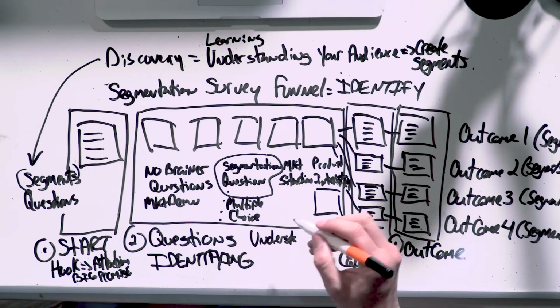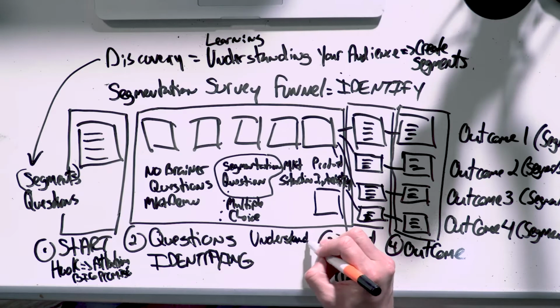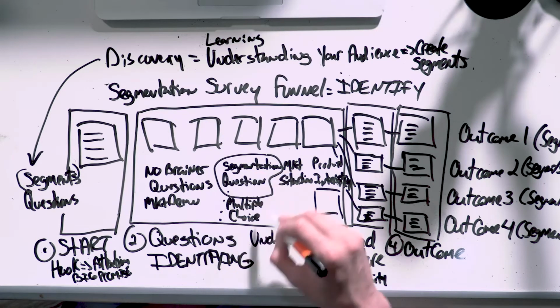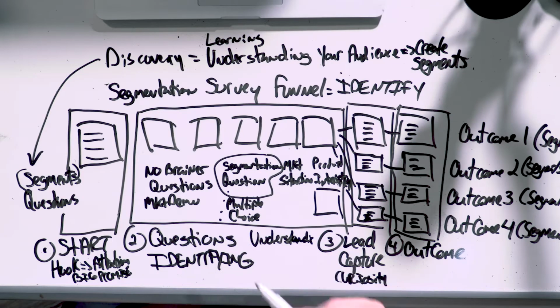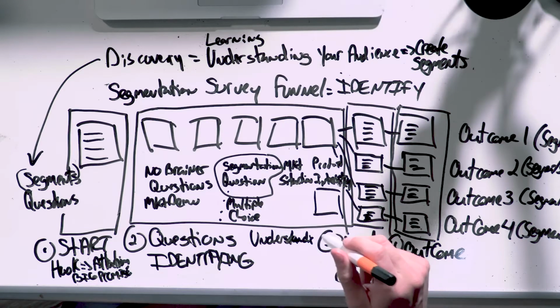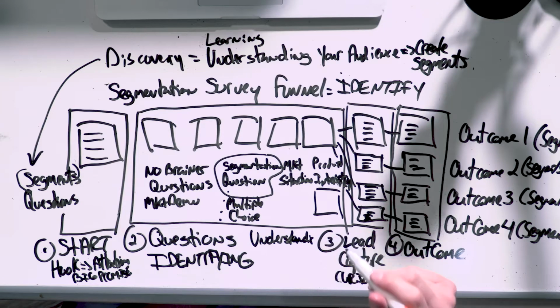Here, you're identifying where they belong. And when you identify where they belong, you're then taking that information and showing them that you understand them by creating a custom targeted message that shows them that you get it.